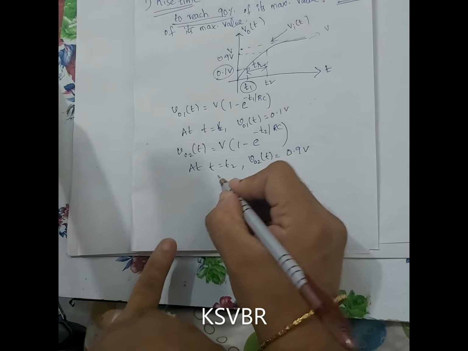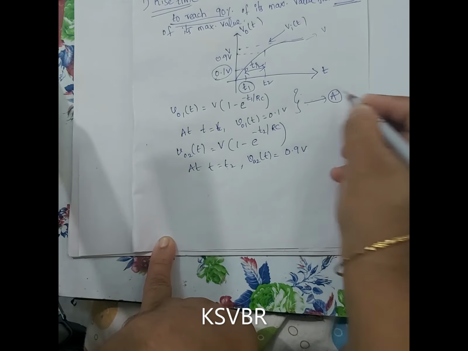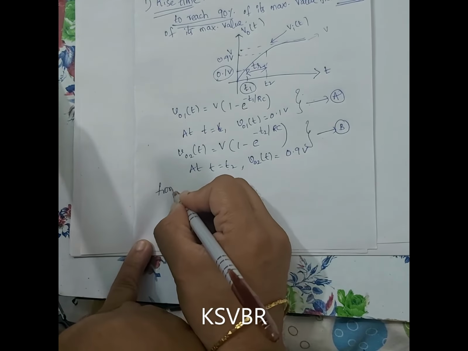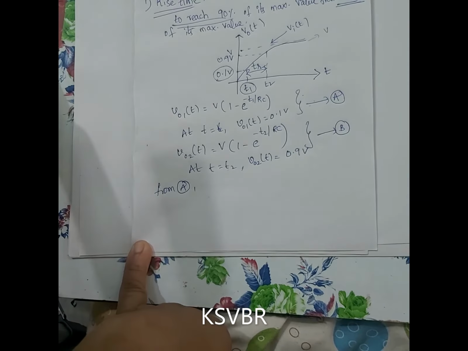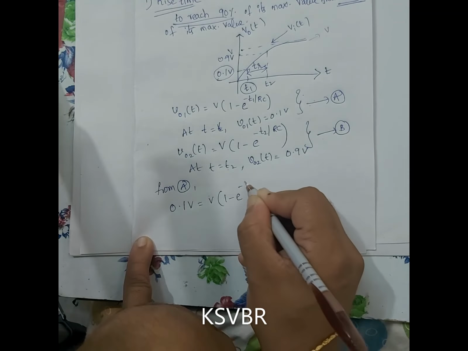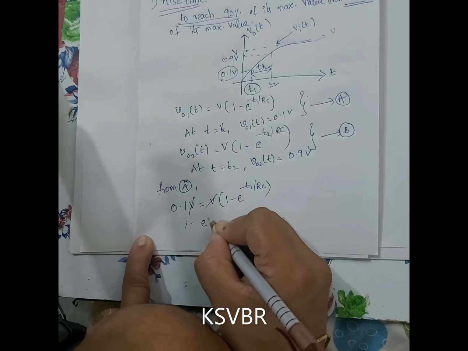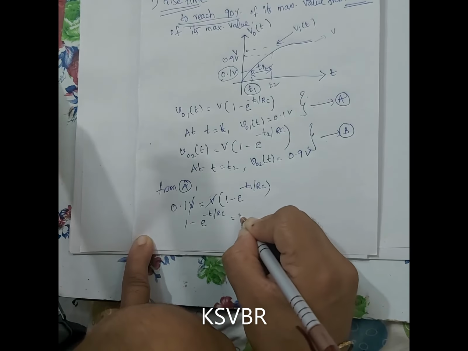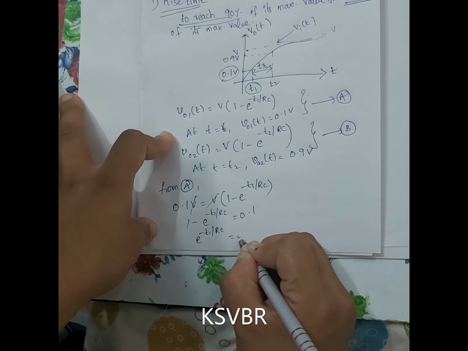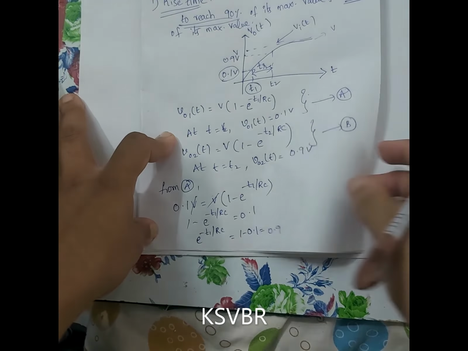Okay, so take the first set of equations as equation A and the second set as equation B. We'll solve them in parallel. From A, 0.1 V is equal to V into 1 minus e power minus t1 by RC. V will get cancelled. 1 minus e power minus t1 by RC is equal to 0.1. E power minus t1 by RC is equal to 1 minus 0.1, that is 0.9. Okay.